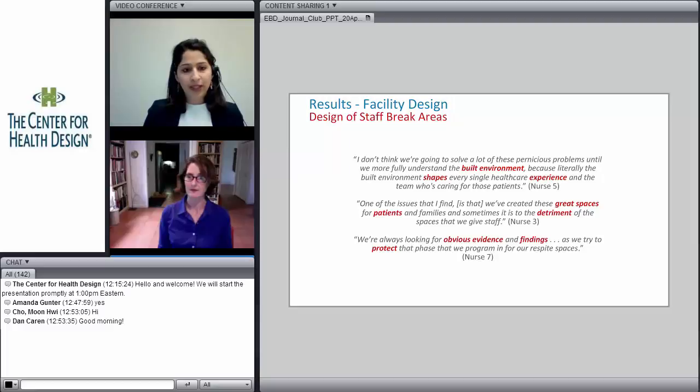Another nurse mentioned, we usually create those great, beautiful spaces for patients and family, but when it comes to nurses, we have those spaces in the middle of the building without any access to nature or outdoors. So the quality of spaces for patients and families is usually better than the staff.